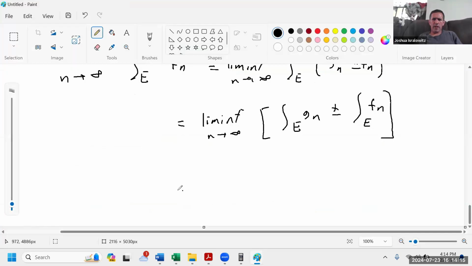So we can use that to say this is the integral of g, plus the lim inf.